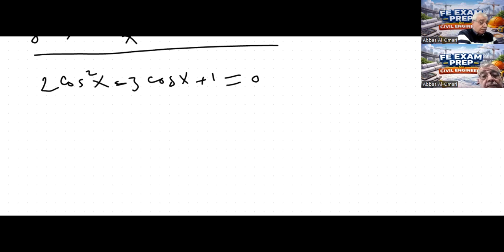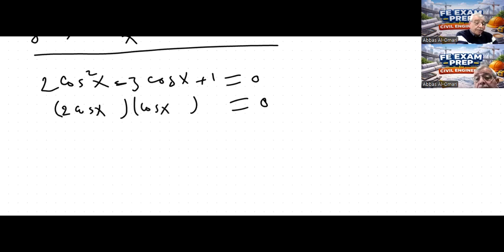This function, we can break it into two values or two functions equal to 0. So 2 cosine square is 2 cosine x by cosine x, and 1 is 1 by 1.